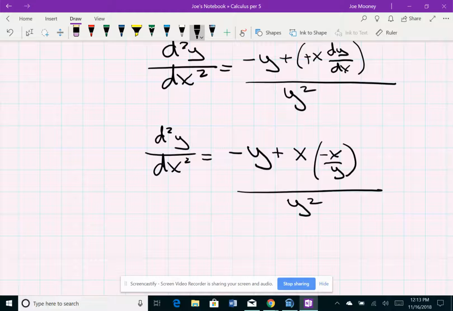Okay, so that looks a bit of a mess, doesn't it? A fraction in the numerator. We're going to go ahead and flatten those fractions. So let's multiply top and bottom by y. Clear that out.